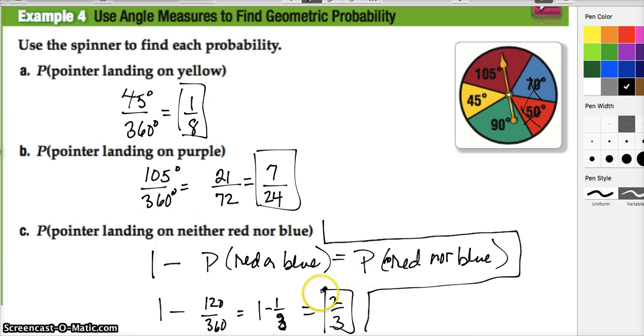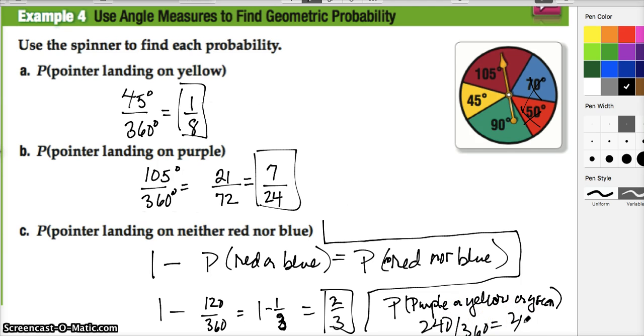Even if you had done the probability of all the other colors, purple or yellow or green, if you had added those up, we would have gotten 240 out of 360, which becomes exactly the same thing: 2/3.